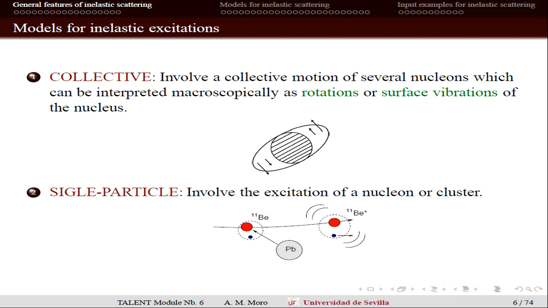This is a halo system, a weakly bound neutron relative to the rest of the nucleons. So this is just a model. We are simplifying our 11-body problem to a 2-body problem.